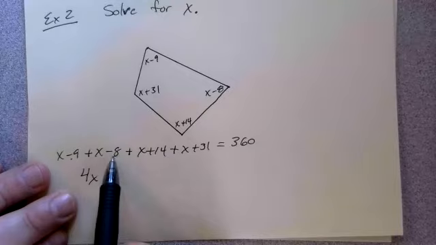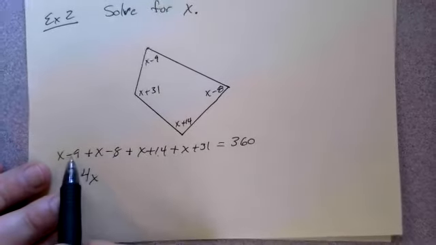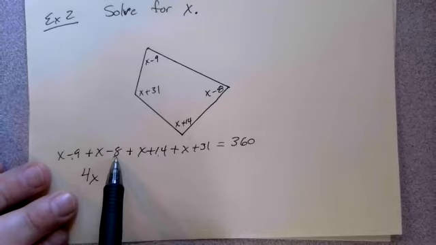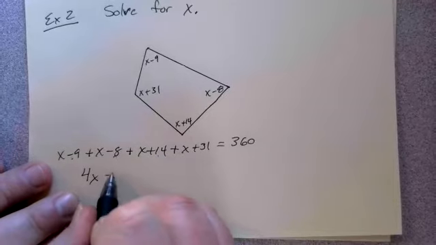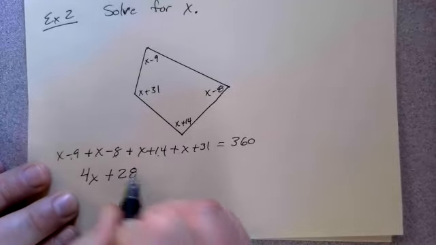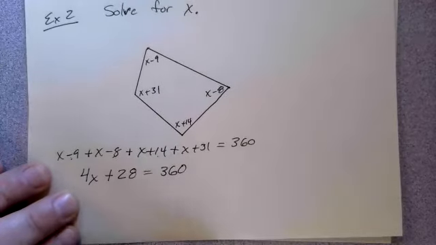Negative 9, negative 8, positive 14, and positive 31. Negative 9 and negative 8 is negative 17. Negative 17 plus 14 is negative 3. Negative 3 plus 31 is positive 28. And all of that equals 360.